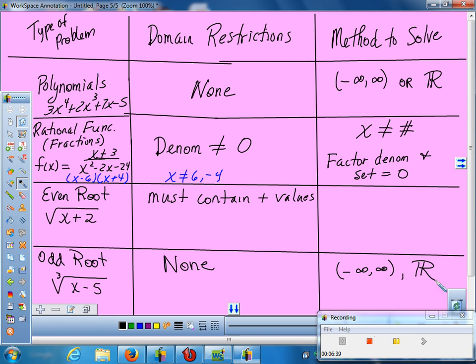The pluses and minuses things? Oh, is that the number line thing? It was that number line thing. Trust me, you have to do what's called testing points.